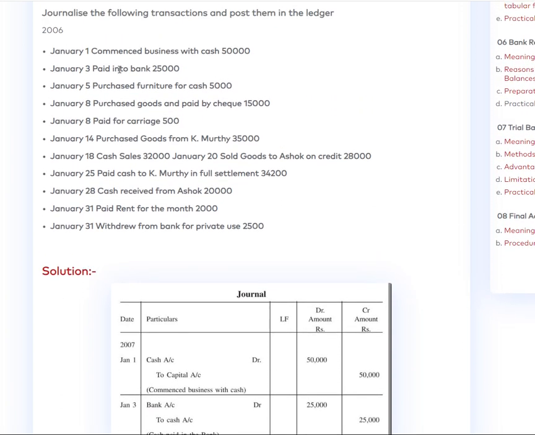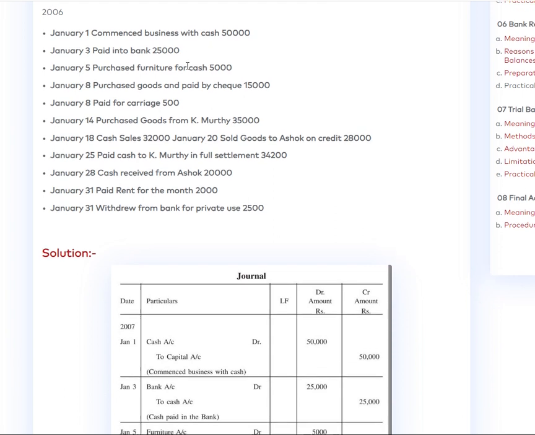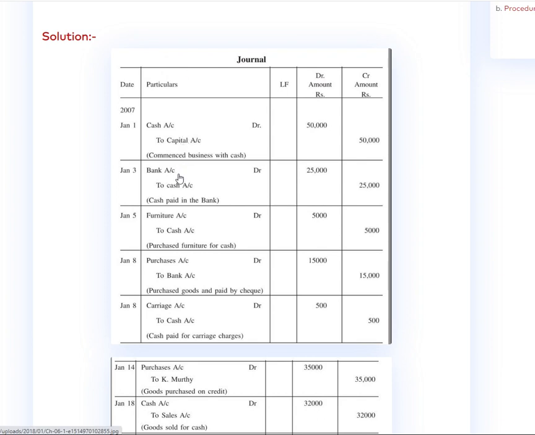Next, the transaction on January 3rd, paid into bank. Here the cash is paid into bank, cash in hand is reducing, amount in the bank is increasing. That means the bank account is debited and cash account is credited.